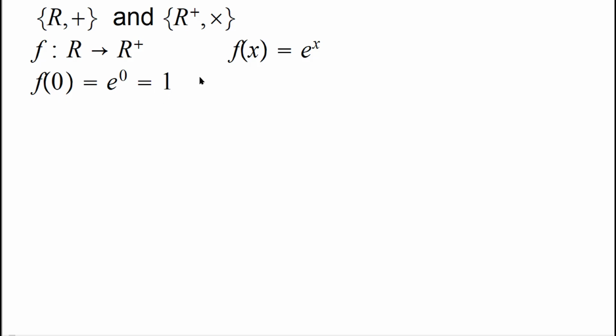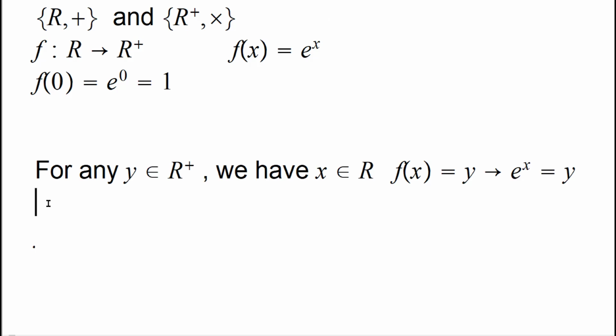And 1 is the identity in the set of positive real numbers with respect to multiplication. Even if we take non-zero real numbers, 1 is still the identity, but let me not stretch it. So here we see identity goes to identity.